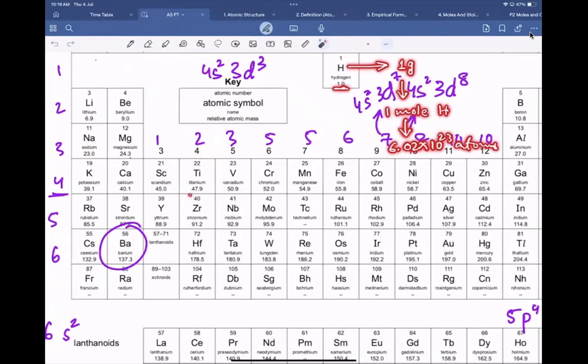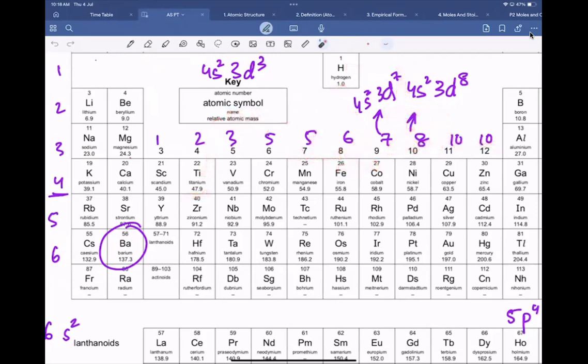In the same way, if you look at titanium, its relative AR is 47.9. But if I have mentioned 47.9 grams of titanium, then it means it is 1 mole of titanium. And if it's 1 mole of titanium, then it's 6.02 exponent 23 atoms of titanium. This point is clear? Yes, sir.